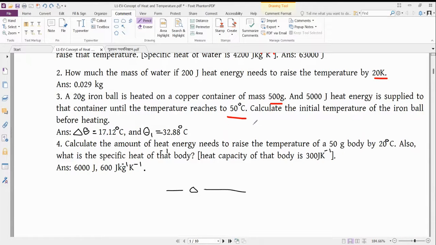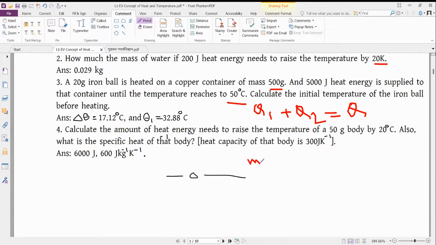So we can write Q1 plus Q2 equals Q. Here Q is the 5000 joule. Q1 is the heat needed for the ball and Q2 for the container. The temperature change is the same because both of these materials are in close thermal contact, so the temperature of both bodies is the same.